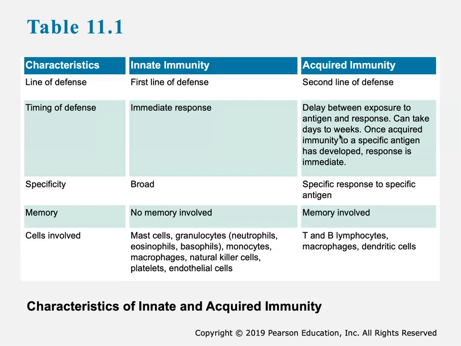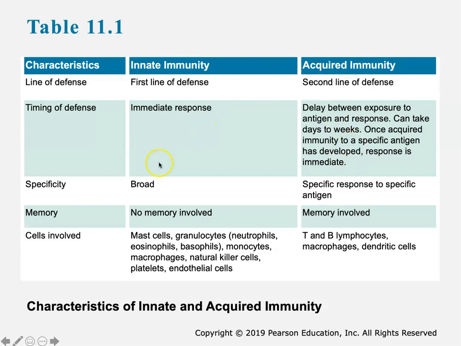So it takes a while for that to happen, okay? It says here, once acquired immunity to a specific antigen has developed, response is immediate. That means once the body has those antibodies produced that are ready for that specific pathogen, if it's encountered, that will then happen fast, okay?